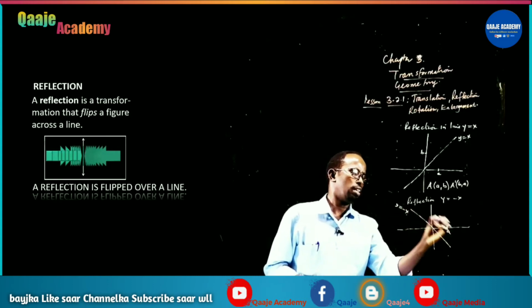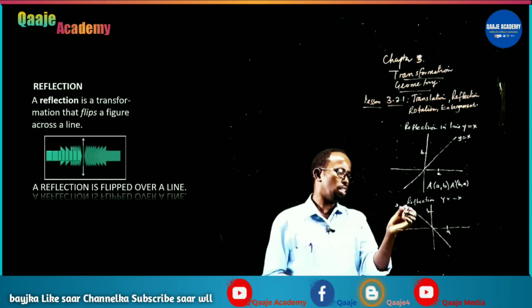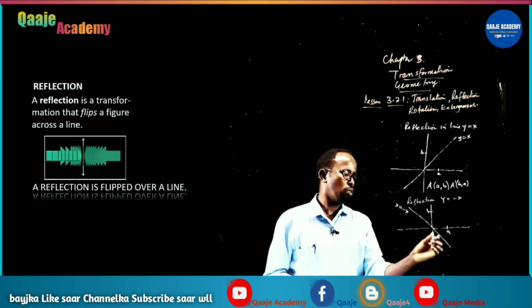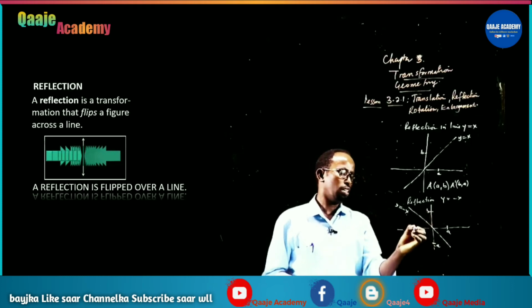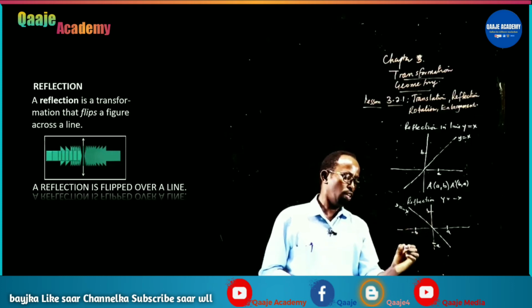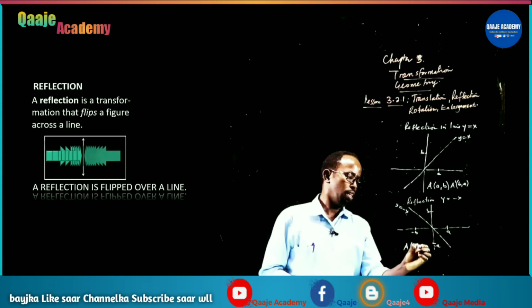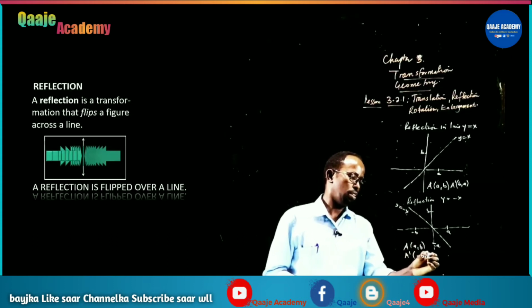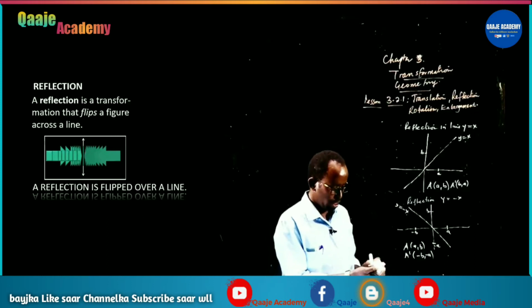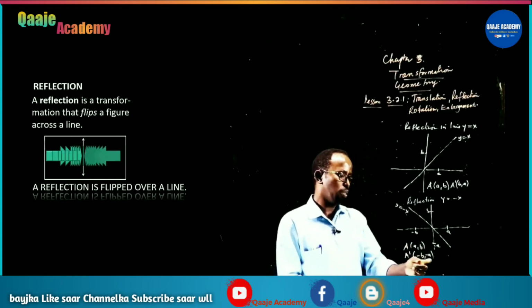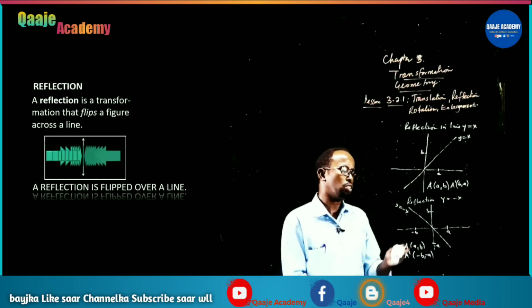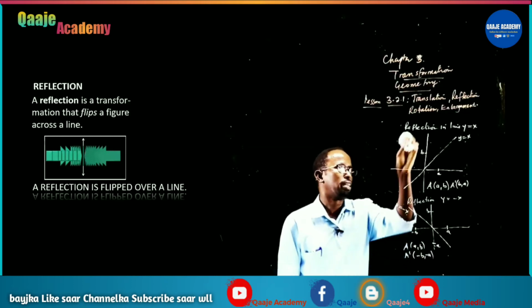You have point A and then point B there. If this is the mirror, then this particular point will be at this point, which becomes negative, and this one becomes negative B. So if the object is AB, the image will be minus B, minus A. You can see both change the sign, and they also interchange positions. That is reflection in the line y equal to negative x.